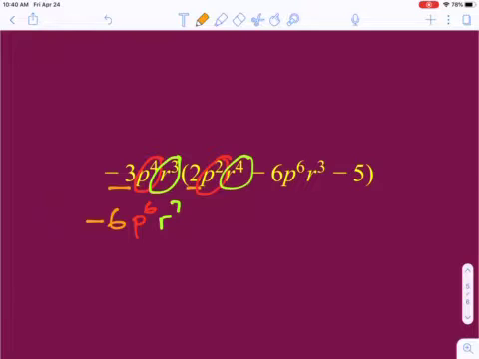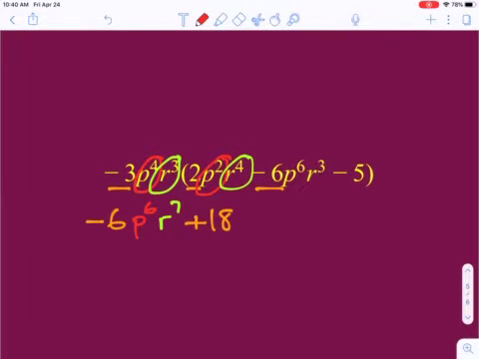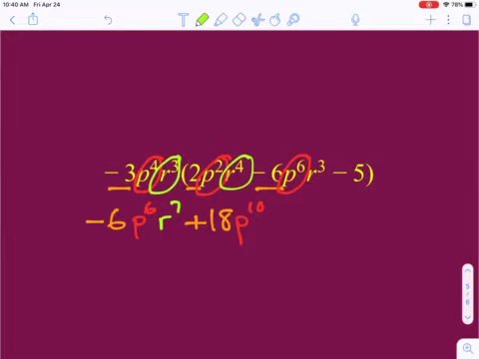And that's pretty much the same process you're going to do every time. And the next one, -3 times -6, is going to give me positive 18. We're going to do our p's. So I've got p to the 4th times p to the 6th, which is going to give me p to the 10th. And then for my final, we have r cubed and r cubed, which gives me r to the 6th. And then that last little bit, the only thing we have to multiply is our coefficients.